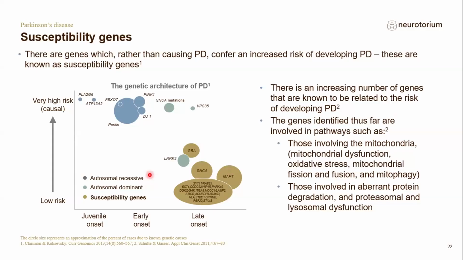For autosomal recessive, you need both parents to have those autosomal recessive genes for you to be at risk of Parkinson's disease. For the autosomal dominant, especially like the PINK one, usually you need one parent to have it, and you'll be at risk of getting Parkinson's disease.